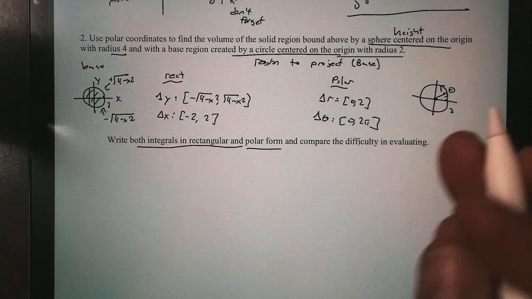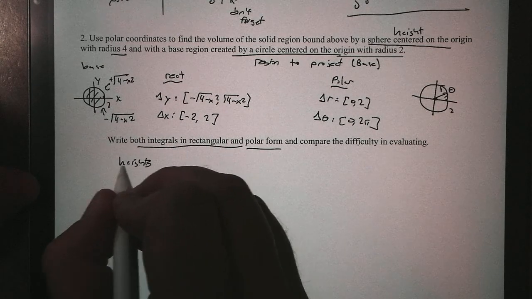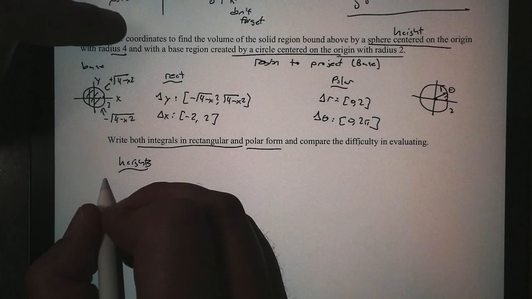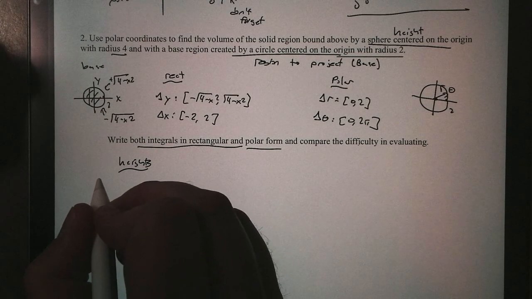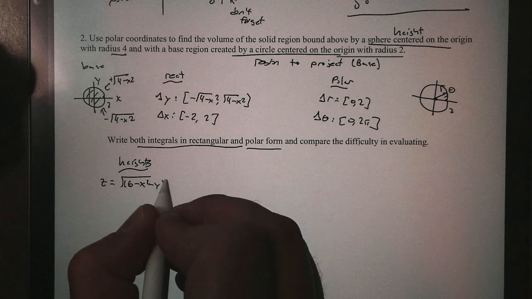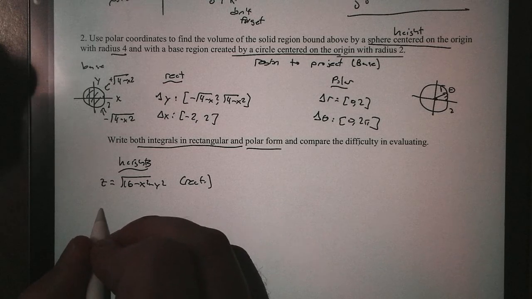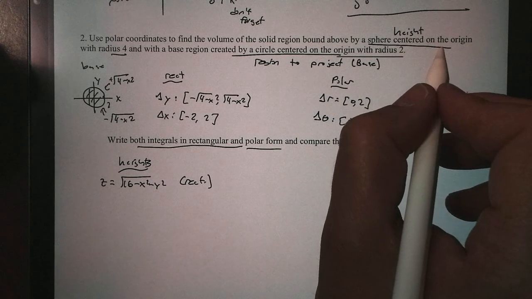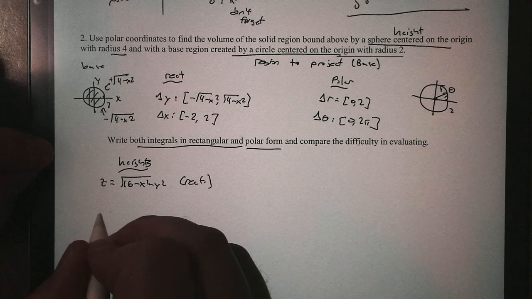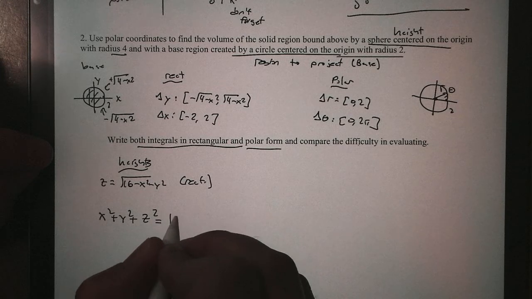But now, since I'm looking for the volume, we also have to look at the heights. In rectangular form, my height is a sphere with radius 4, so my height would be z equals the square root of 16 minus x squared minus y squared in rectangular. In polar form, it's a sphere of radius 4, so we'd have to look at the equation x squared plus y squared plus z squared equals 16.